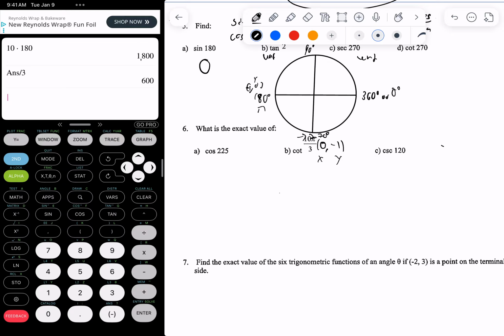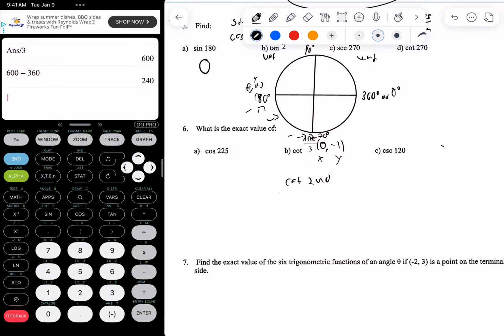We want it to be a lot simpler, and we don't want to go around the circle many times. When it's a number above 360, you subtract 360 from it, and you come up with 240. So now you simplify it down to cotangent 240.